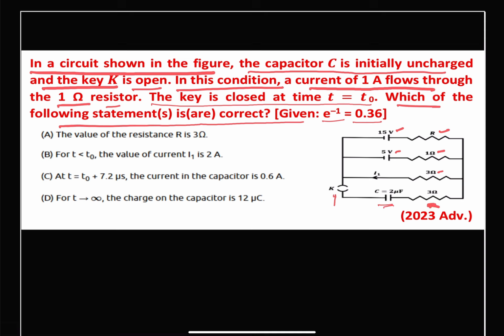It says that 1 ampere current flows through the 1 ohm resistance. So through here we are going to have a 1 ampere current.